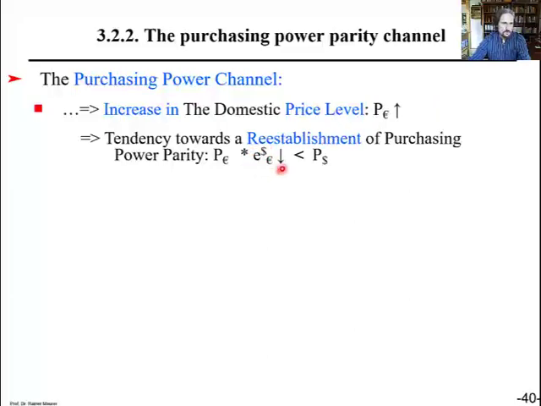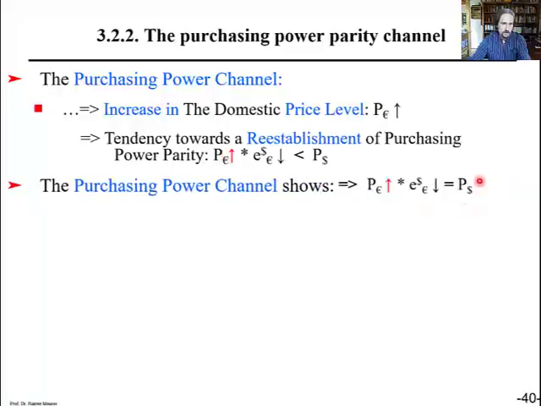First, the purchasing power parity relationship was disturbed because monetary policy resulted in a lower spot exchange rate. But now this lower spot exchange rate is neutralized by the higher domestic price level, such that by the end of this adjustment process, the purchasing power parity holds again. Domestic prices times the spot exchange rate equal the foreign price level.